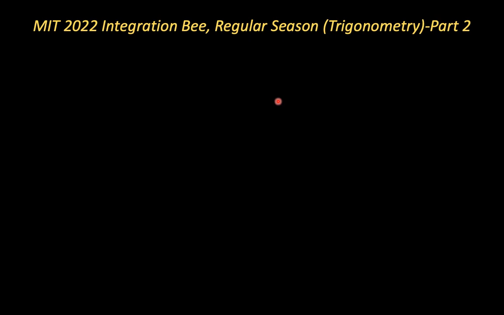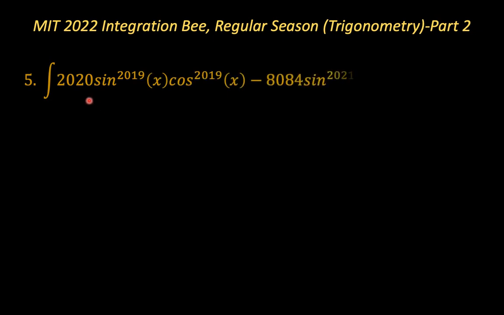The first problem that we'll look at is problem number 5 in the regular season competition, and that is the integration of 2020 sine to the power 2019x times cosine to the power 2019x minus 8084 sine to the power 2021x times cosine to the power 2021x.